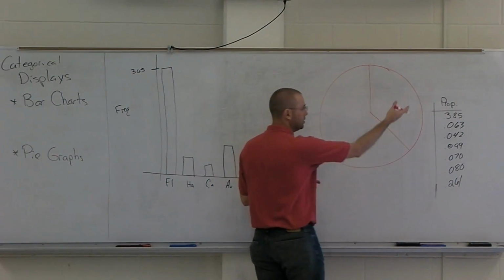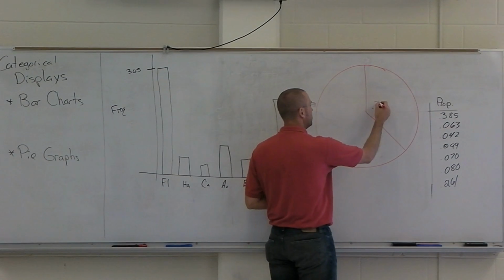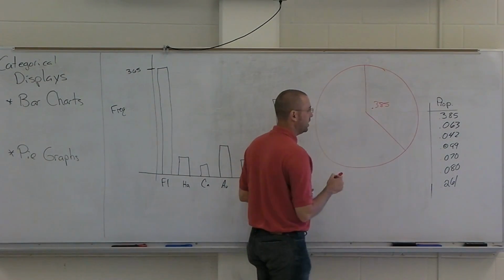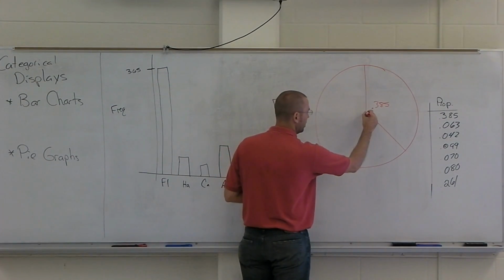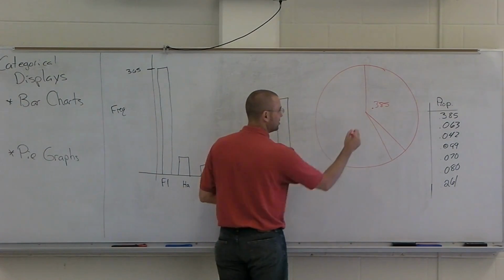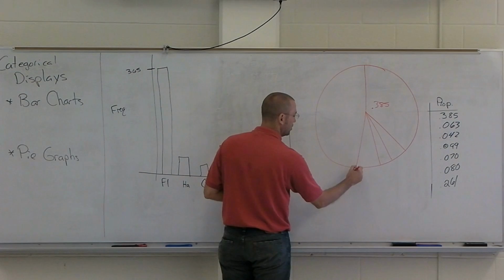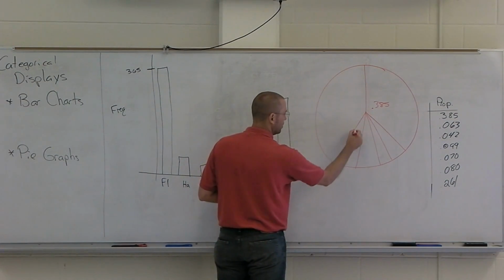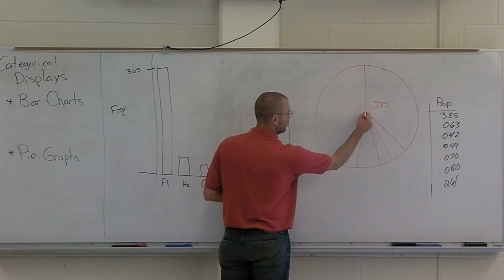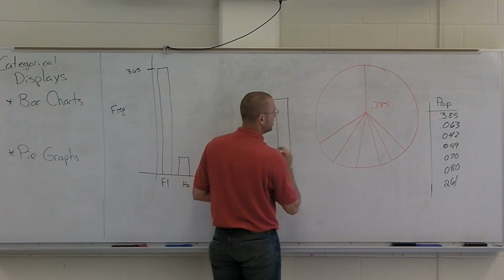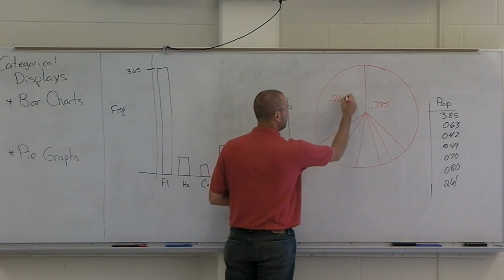This piece being the 0.385, and then everything else accordingly. About the 6.3, about the 4.2, 0.9, 0.7, 0.8, and then 0.261.